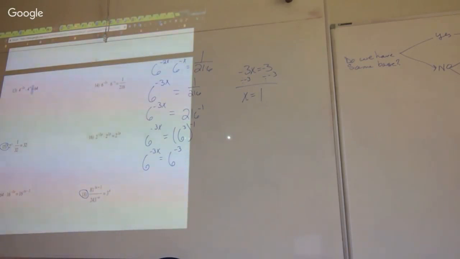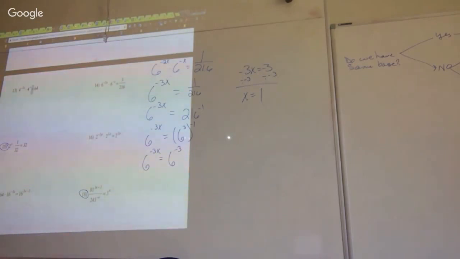Do we have the same base and a single base on both sides? Yes. What can I do? Now you do exponents: x minus 5 equals 5. Add 5 to both sides. 5 plus 5 is 10. x equals 10. But what about the negative? What negative?